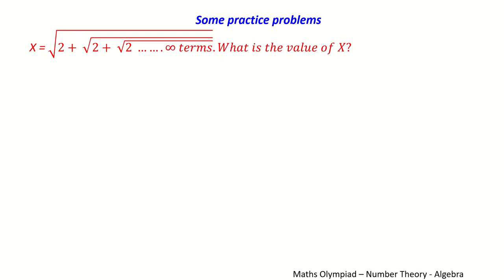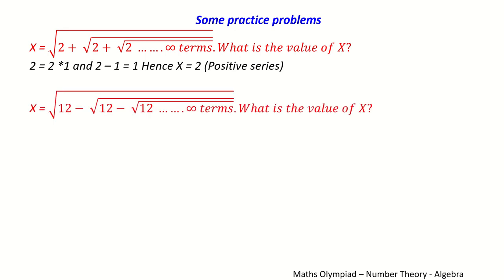First one is simple. Square root of 2 plus square root of 2, infinite terms. 2 has two factors, 1 and 2, and 2 minus 1 is 1. Since it is a positive series, x equals 2. Next, x equals square root of 12 minus square root of 12 minus square root of 12, infinite terms. 12 is 4 into 3, and 4 minus 3 equals 1.